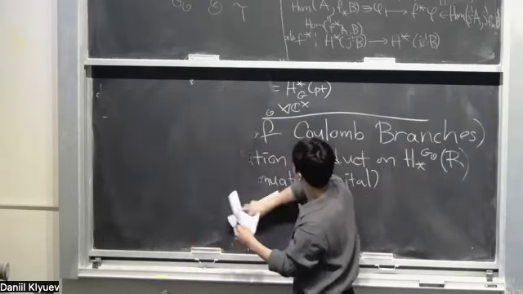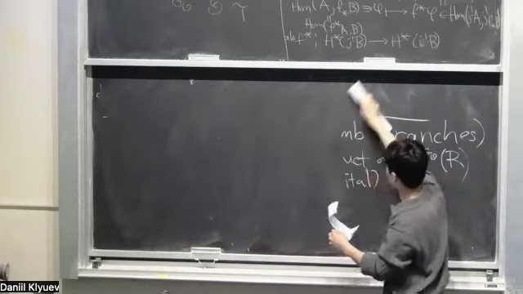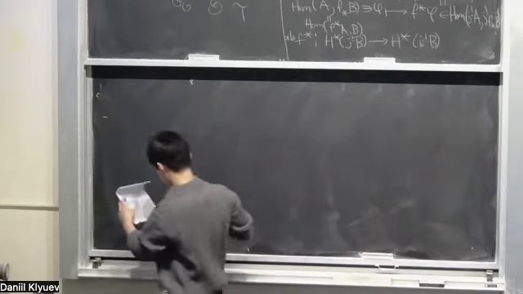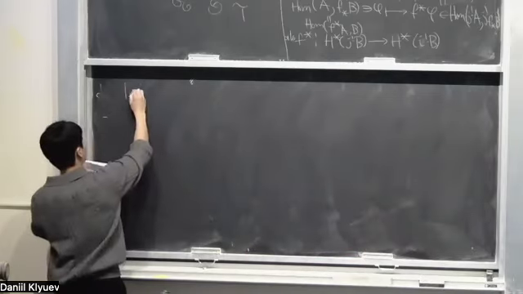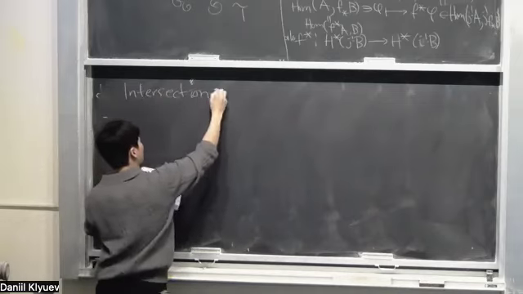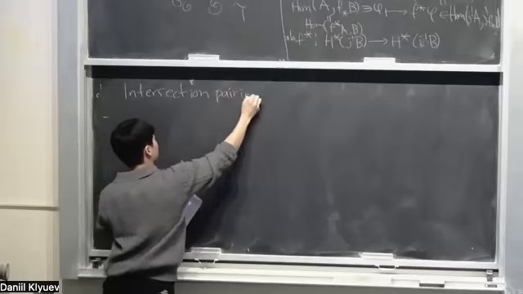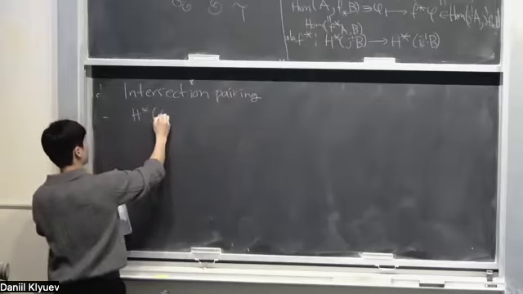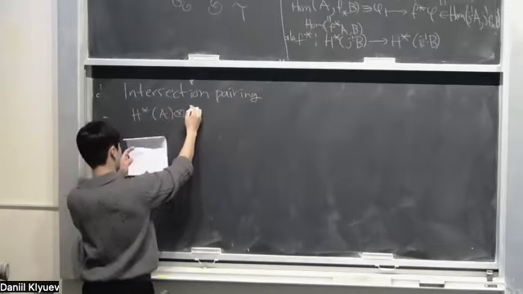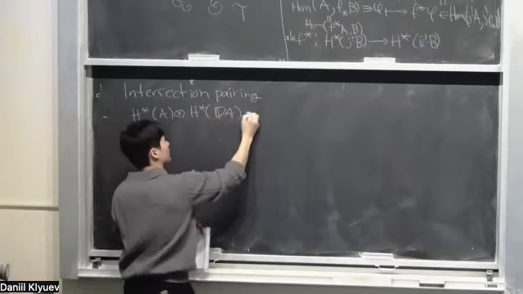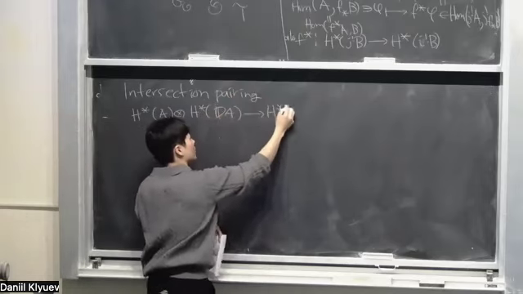We were at least getting close to the convolution definition. One quick thing, let me skip too much detail: intersection pairing. In a similar context, we always have, just to recall, the dual and then homology omega.